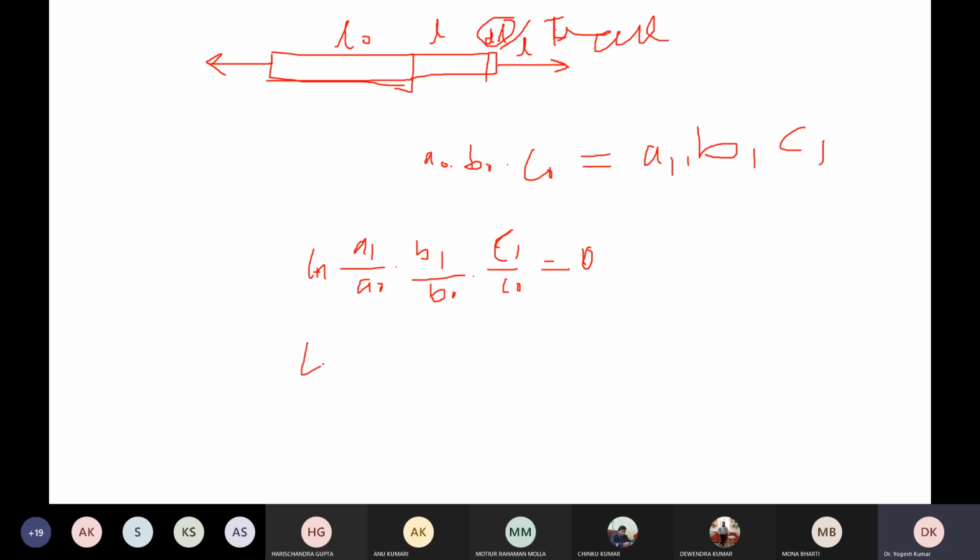Okay, so by the properties of natural log, this will be natural log of A1 upon A0 plus natural log of B1 upon B0 plus natural log of C1 upon C0. This would be equal to 0. Okay. So what does it represent?